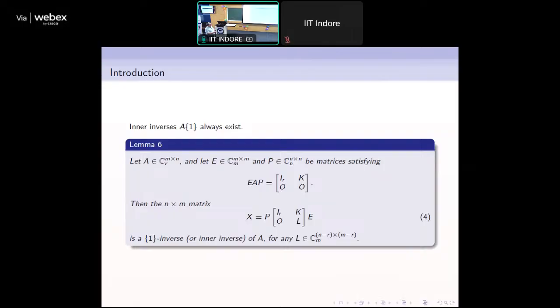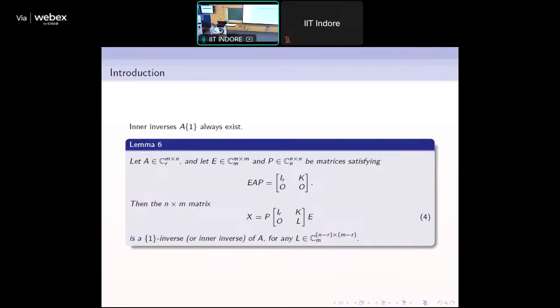Here is lemma 6, which is important in the sense that this lemma says we can compute the inner inverse easily, and the inner inverse always exists. Here is one representation of matrix A obtained after Gauss-Jordan elimination and permutation matrices, and here is the row reduced echelon form.